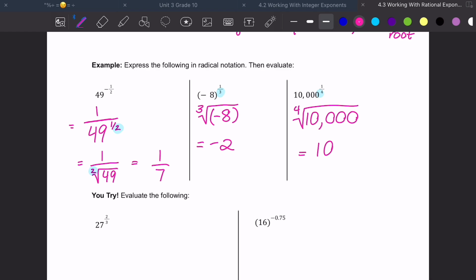This gives us the x root. Okay, maybe we have to do it like that. So the 4th root of 10,000 is 10. You just press 4 and then this root. So that's the 4th root, okay?